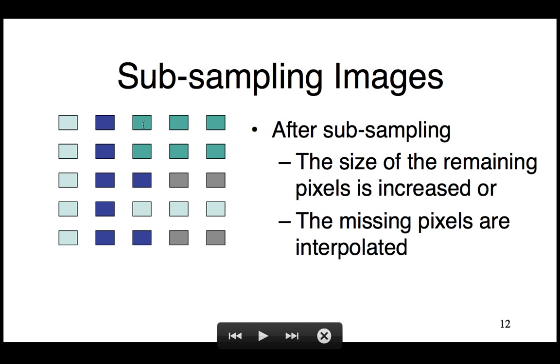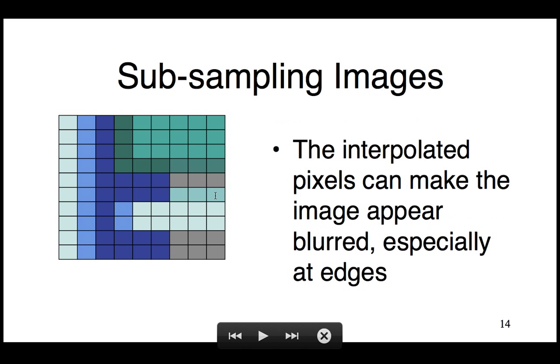Well, we could speculate that the missing one might be a dark greeny blue. This might be a light bluish grey in here. And so when we fill in the missing pixels, we might get something like that. So it's another alternative. But that causes the image to appear a bit blurred.